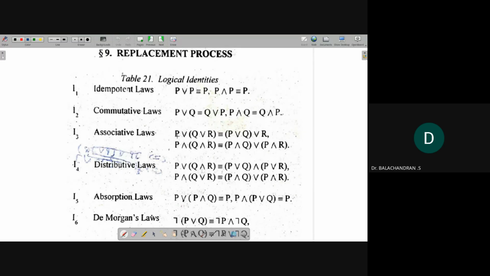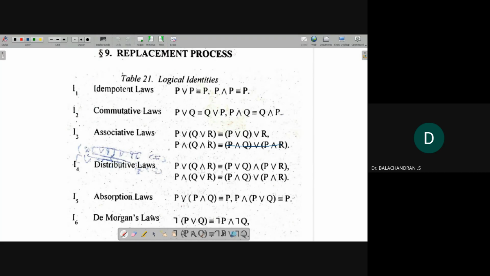Associative law: P or Q or R is equivalent to combining these two, P or (Q or R). Similarly, instead of or, replace by and. And here, I think this is not an associative law. I think they made an error.